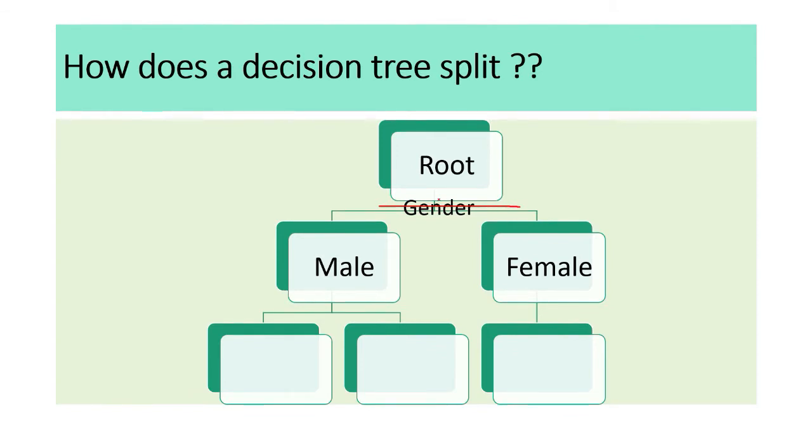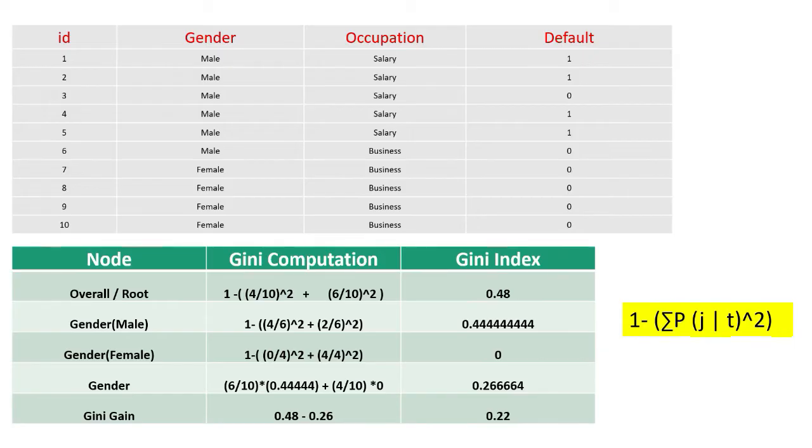In this video, I will show you the overall process and the mathematical formula behind all of these, and I am very sure that this will be very helpful for you in order to find out how to calculate a decision tree's Gini index or Gini gain, and the process of splitting a decision tree will be very clear to you.